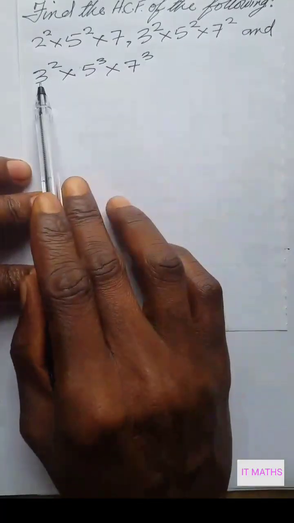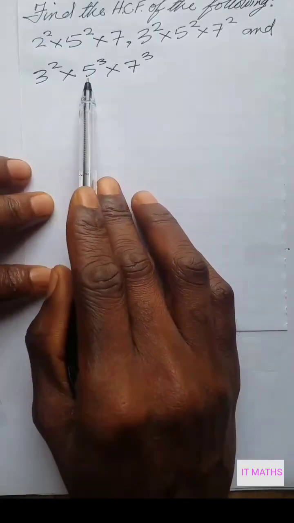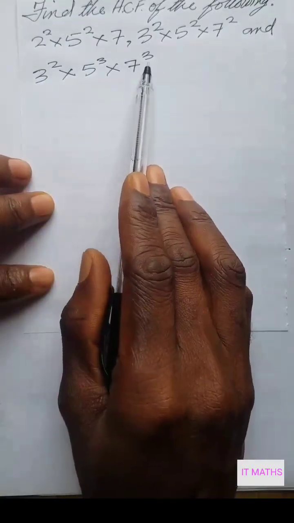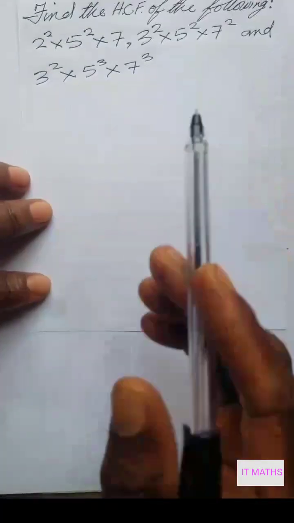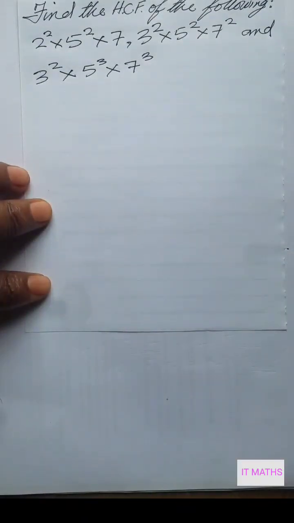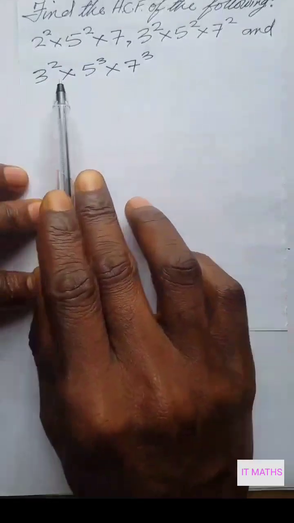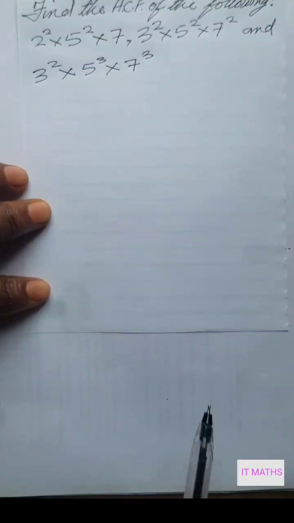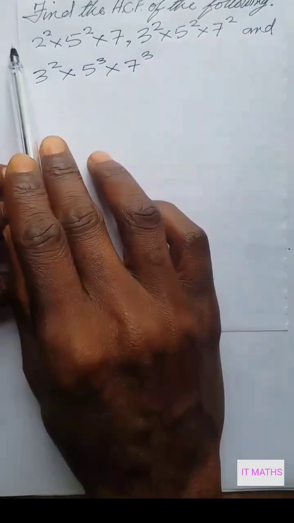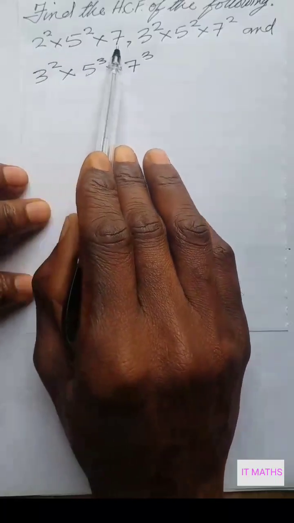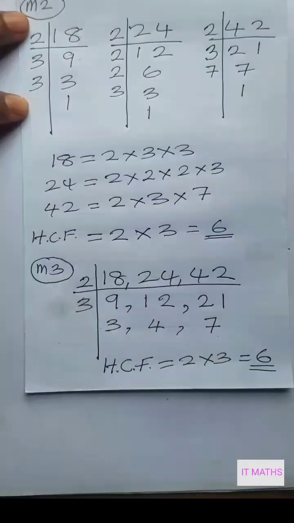And the third number, 3 to power 2 times 5 to power 3 times 7 to power 3. Well, you might think it's complicated and different from what you've been doing, but it is not. By giving you these numbers in this form, they've already found all the factors of a certain number, and they are now giving it to you in this form.